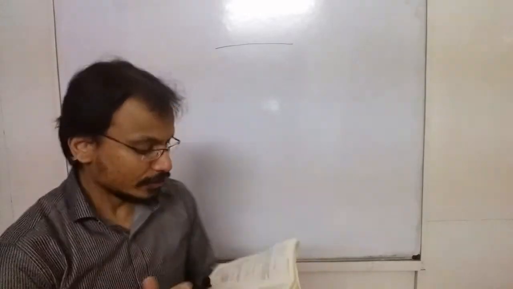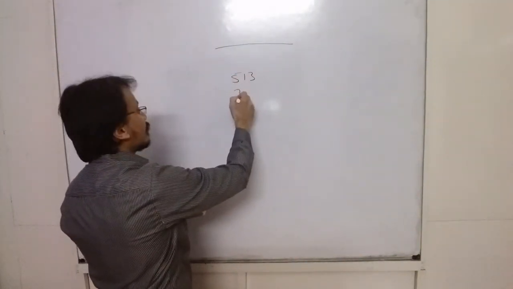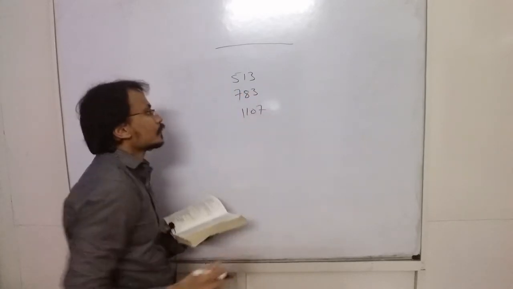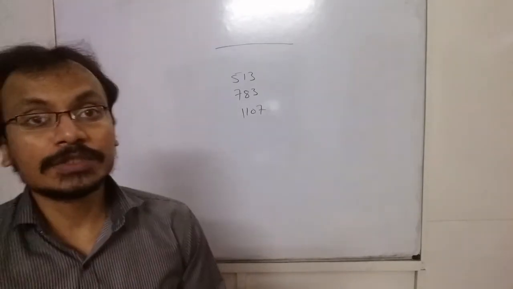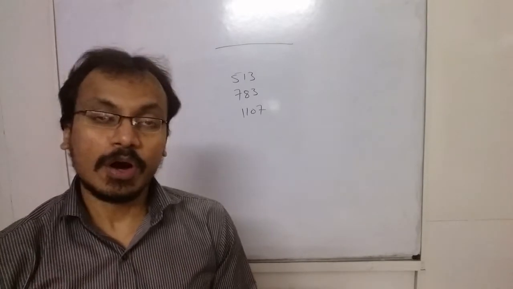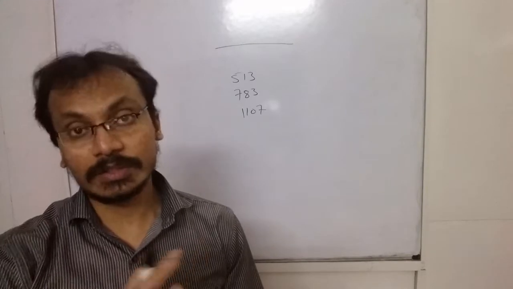The question says: find the largest number which can exactly divide 513, 783 and 1107. So you are supposed to find a number which exactly divides all these numbers. Obviously it goes without saying that that is going to be the HCF of all these three numbers.